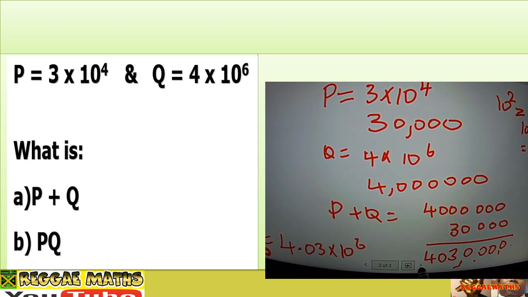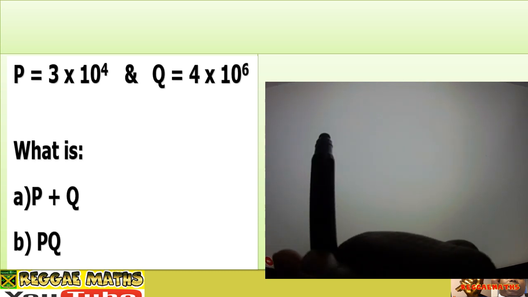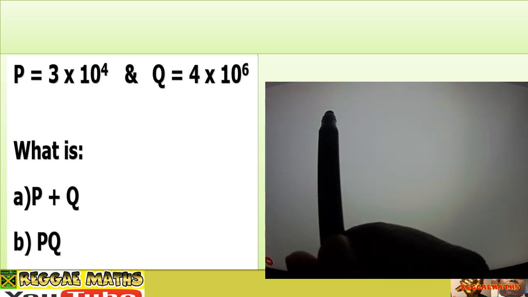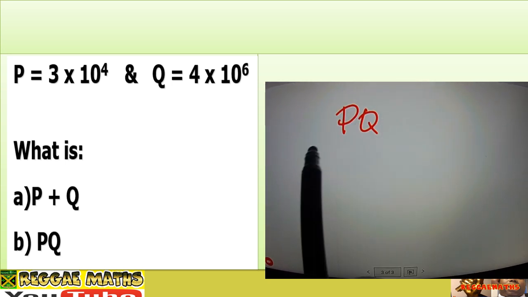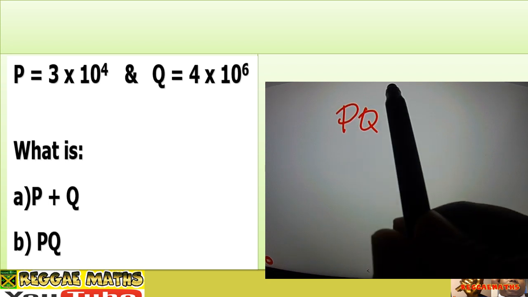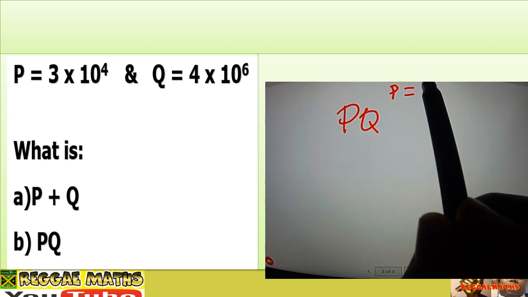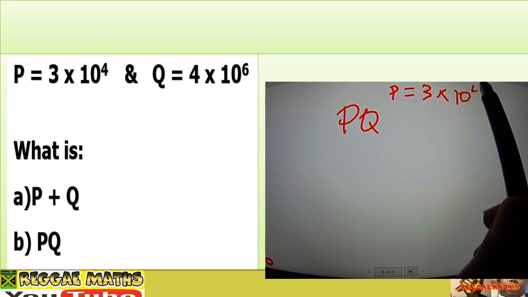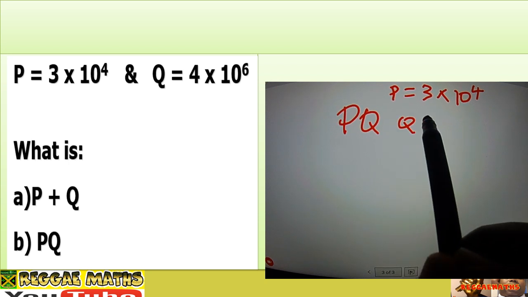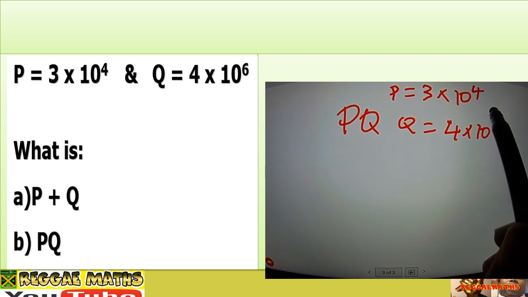Right, the next question, I'm going to do that in standard form. So we got here PQ, which means P times Q. Okay, we know that P equals 3 times 10 to the power 4, Q equals 4 times 10 to the power of 6.